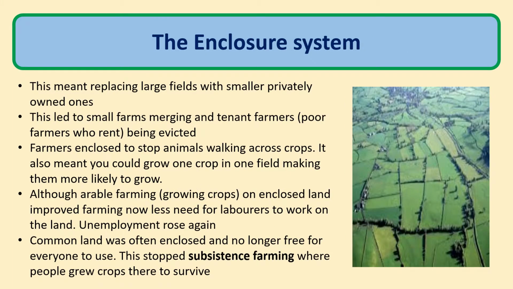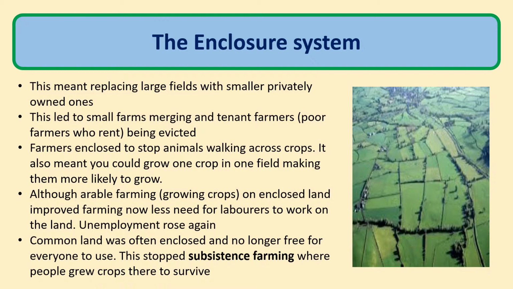The final reason was that the large three-field system that we would have had in medieval England was changed to small privately owned ones, and we can see this example here with all these smaller fields. Small fields meant that smaller farms were being merged.